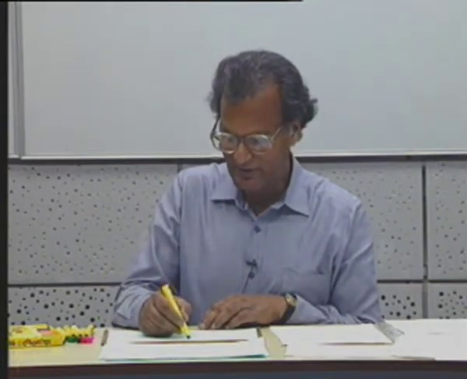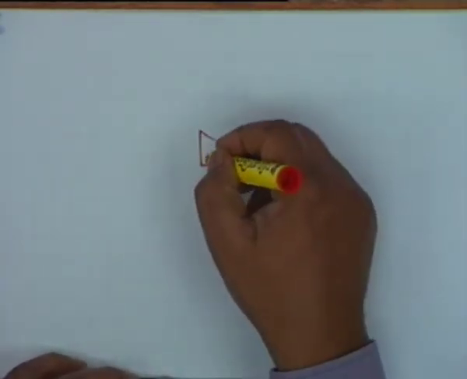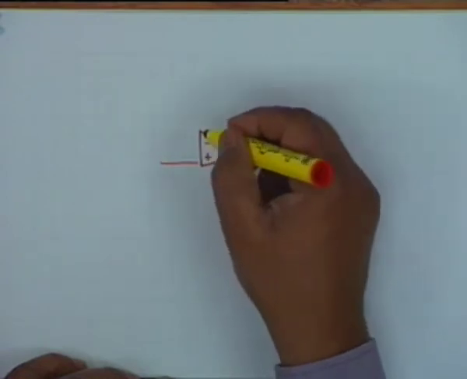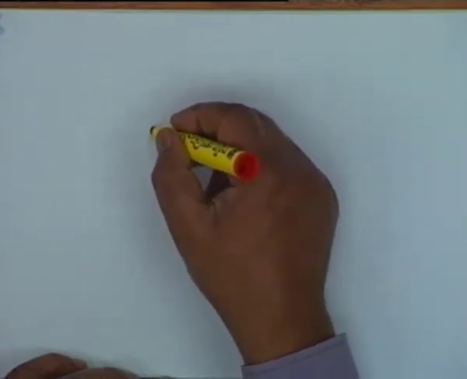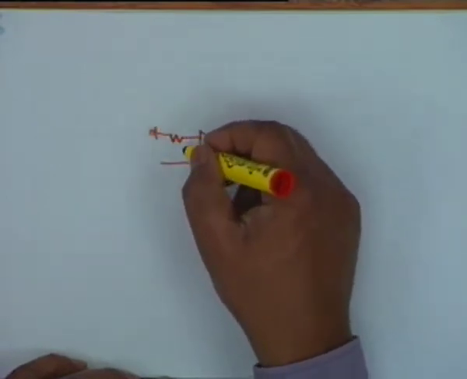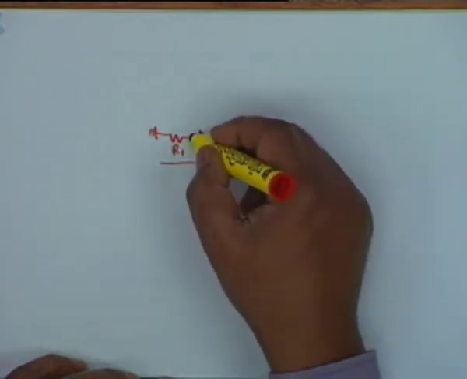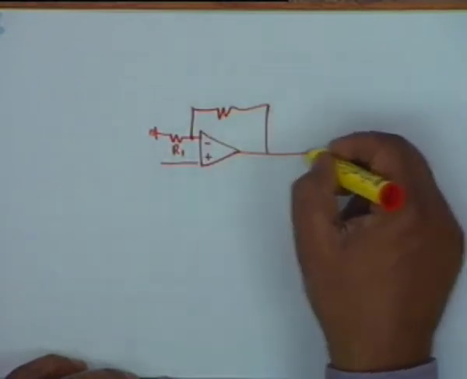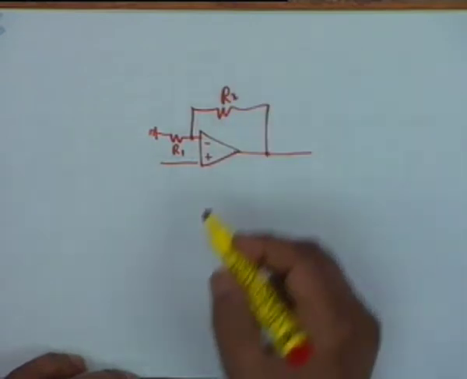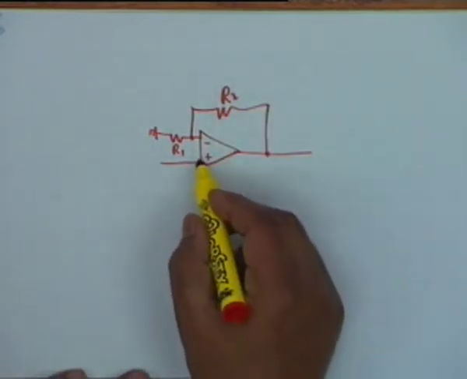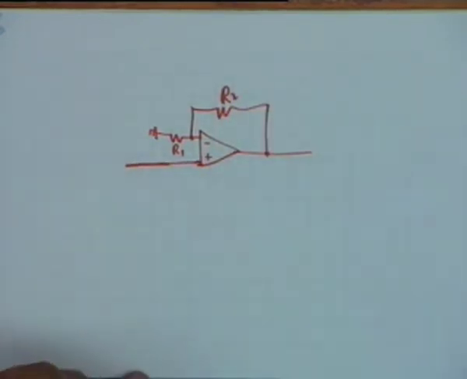Let us say we have an op amp. Now forget about BJT. Let us say we have an op amp which has been adjusted for non-inverting gain. This is R1 and this is R2. Okay, and the input is applied here.